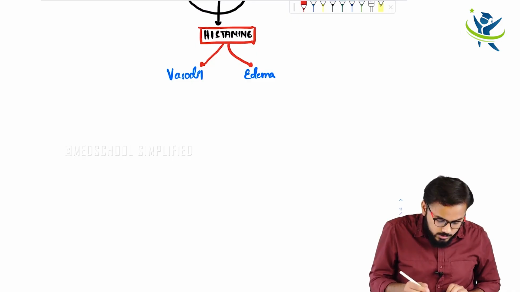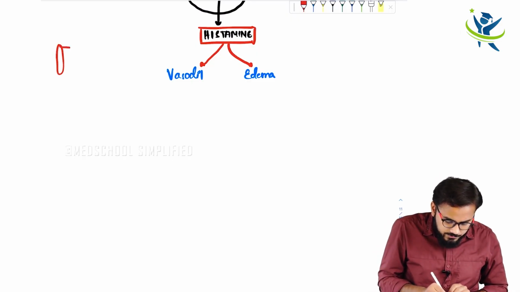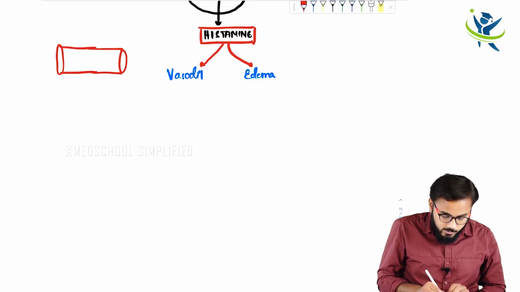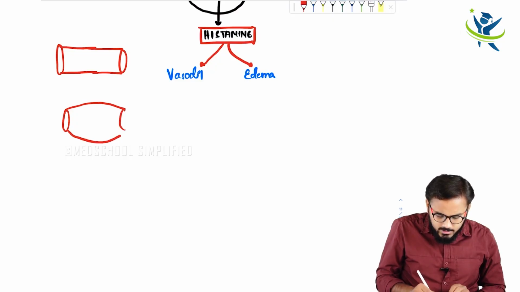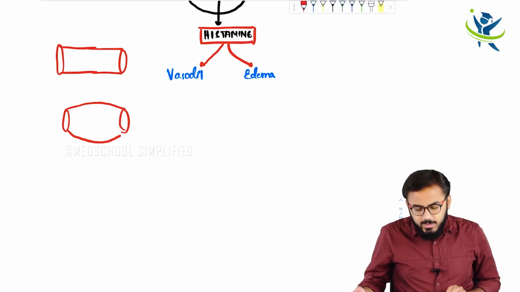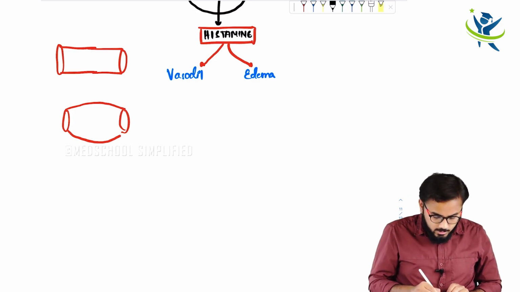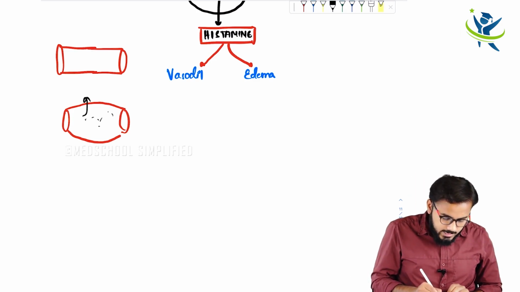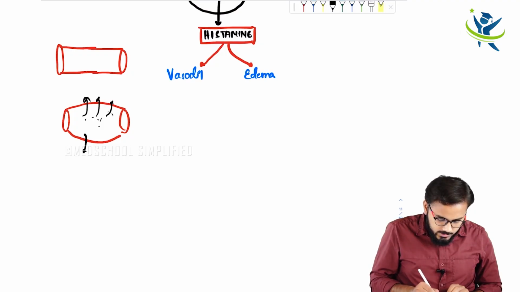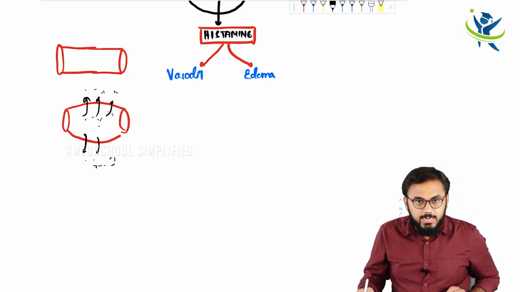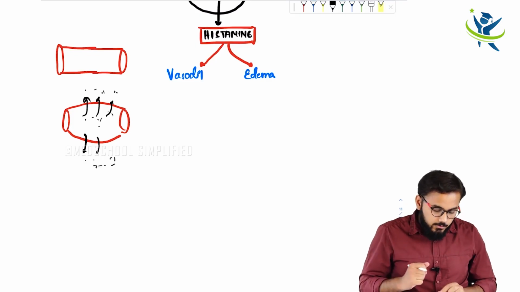Now you might get confused: if this is my blood vessel previously, and now my blood vessel has been dilated like this, then why will there be edema? See, this second picture is vasodilation. Now the fluid within this will escape out, the fluid will stay outside the vessel, and that is what is called edema, right?